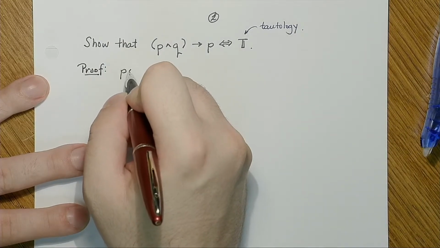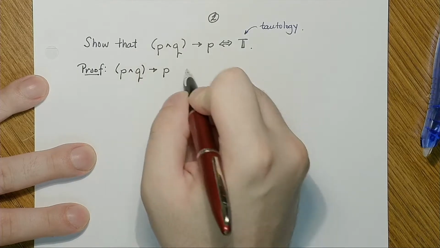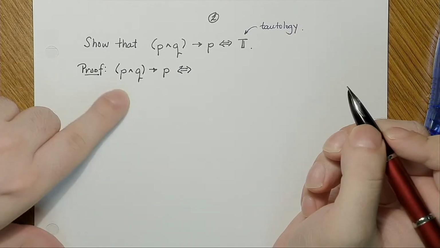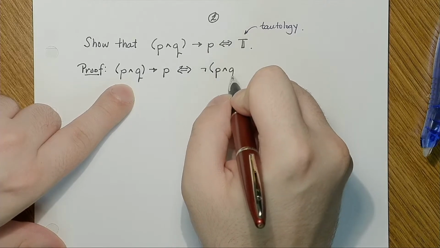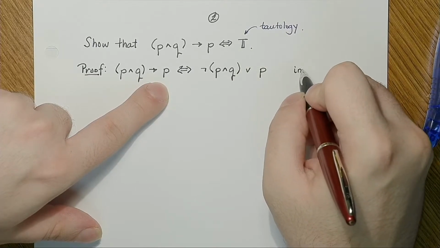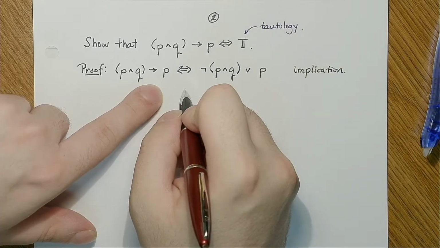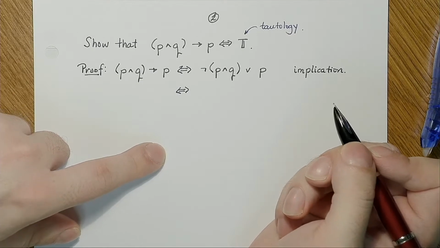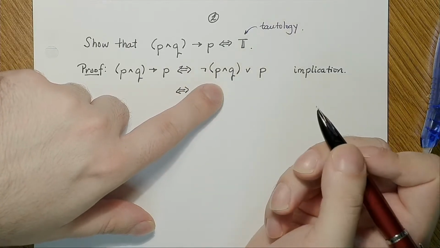So I'll start on the left-hand side. And I will apply my implication rule, so it's the negation of the first proposition, or the second. Then some people might be tempted to start to move these parentheses, but we can't really start shifting them.